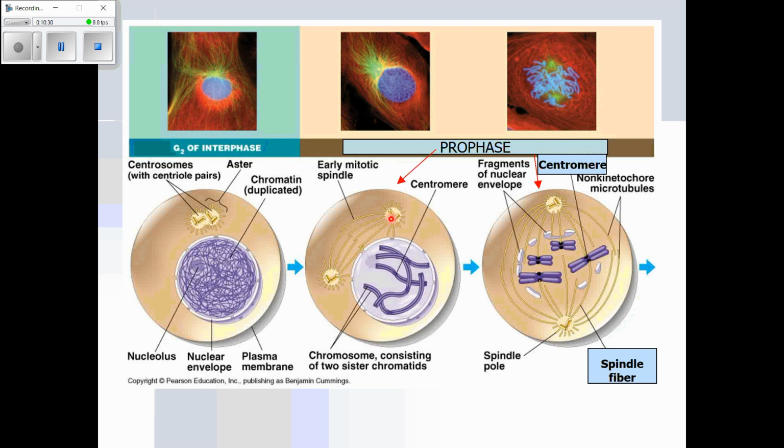That is the purpose of mitosis, is to take all of the DNA in this nucleus. And we know we have two copies of every chromosome because we already made the copies back during the S phase. So our purpose in mitosis now is going to be to separate those copies from each other and split the nucleus to make two separate, genetically identical nuclei.